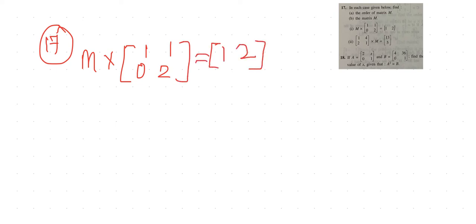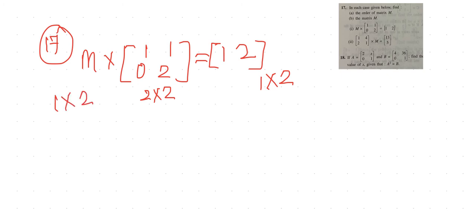Do you remember, children, what I said? The product of two matrices is defined only when the number of columns of one matrix is equal to the number of rows of the second matrix. So here the order is 2 into 2. And what is the order of the answer, children? This is 1 into 2. Now clearly you can guess that M should be of the order 1 into 2.